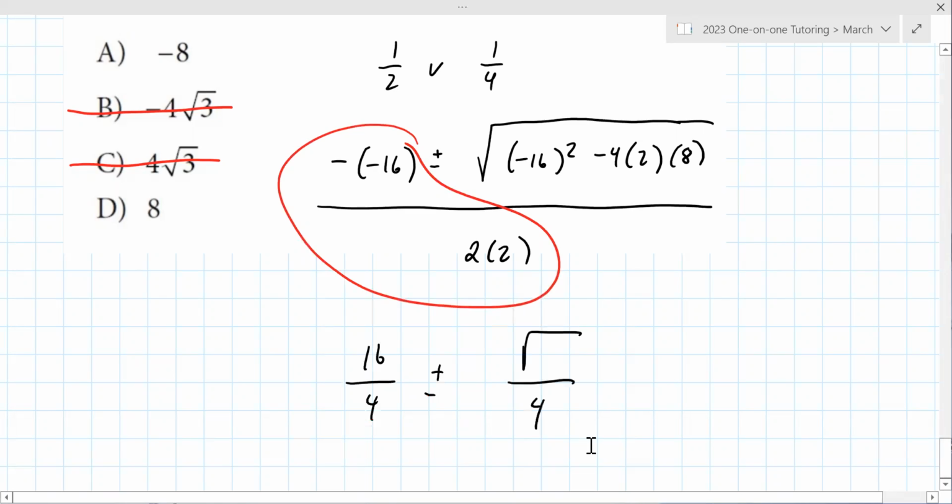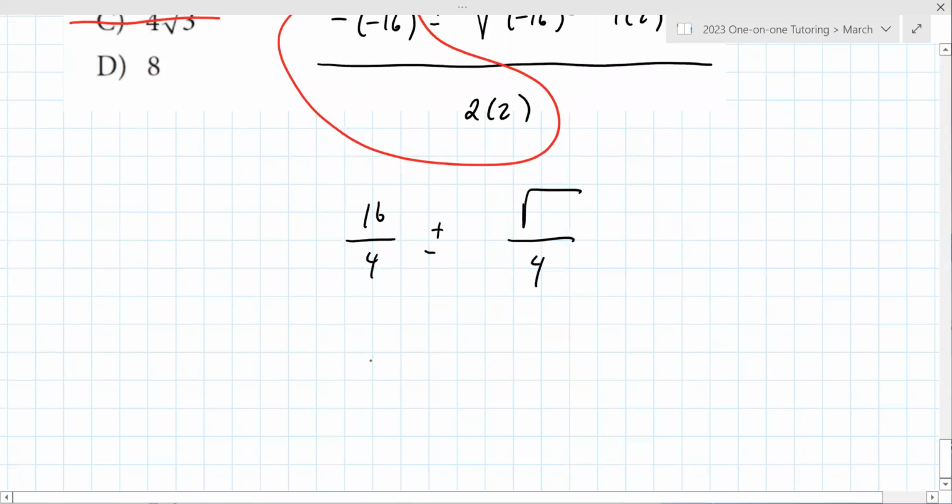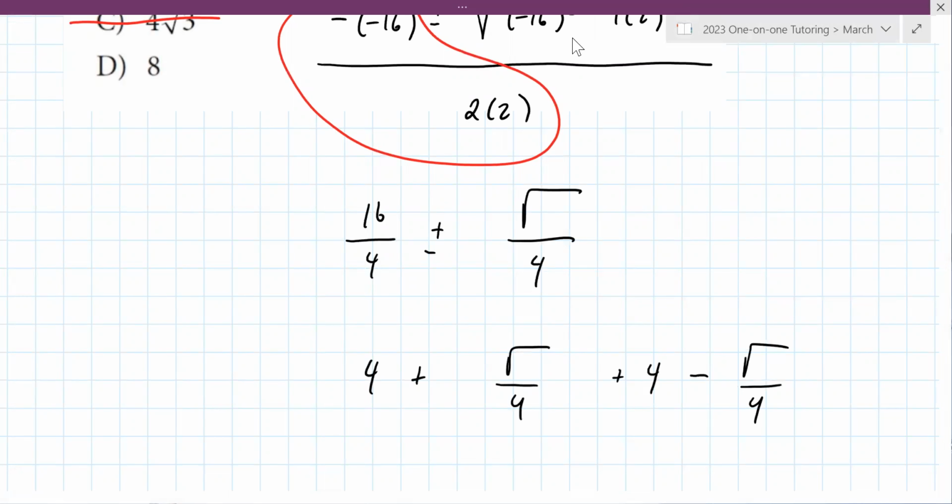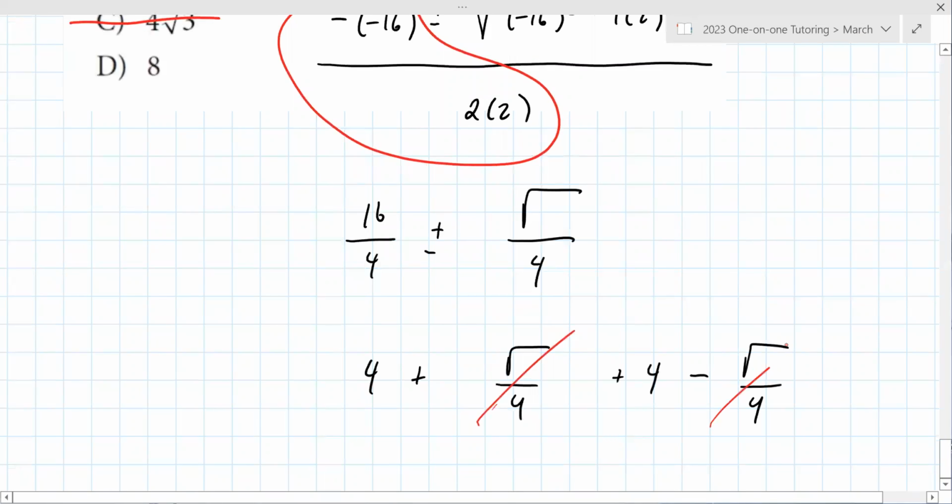But remember how the square root part went away? So that's really important here. You don't even need to deal with that part. The answer is 4 plus the square root of something over 4, plus 4 minus the square root of something over 4, and they will just cancel. So what do your two solutions add up to in this case? 8. Yes.